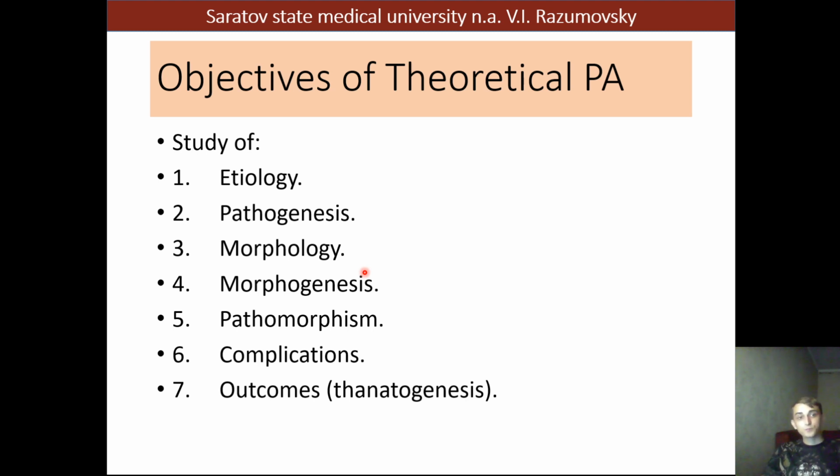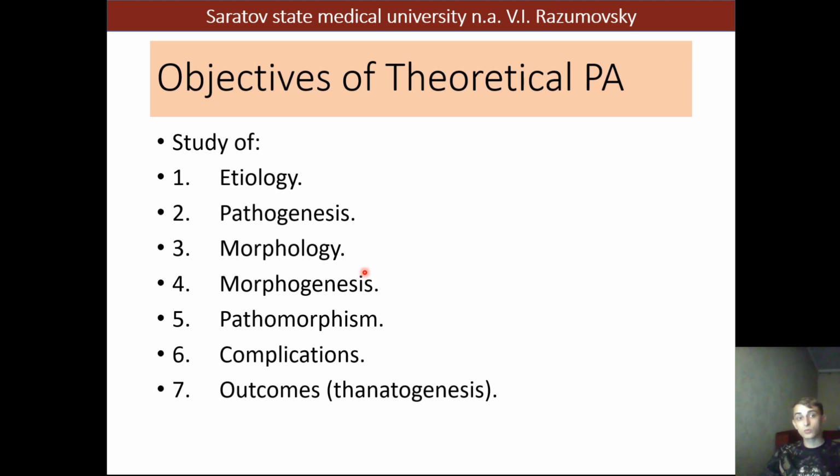Pathogenesis is the study of the mechanism and development of disease. For example, we will talk about myocardial infarction. The etiology of this disease will be thrombosis or atherosclerosis of the coronary artery.